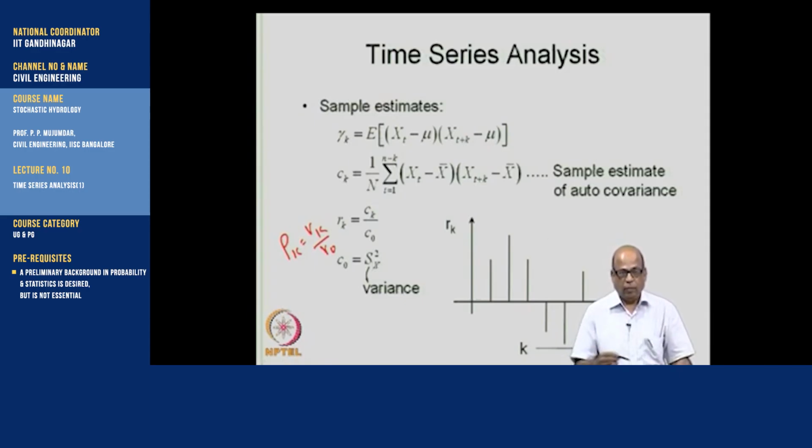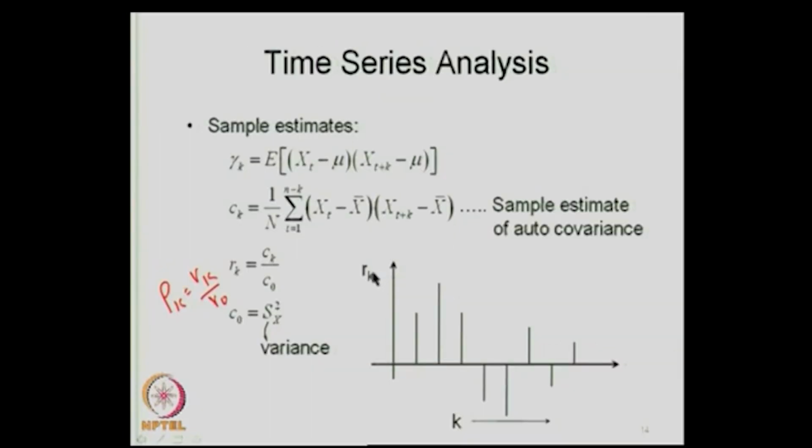So, when you have sample estimates and you take discrete values of k, for example k equal to 1, k equal to 2, and so on, and plot the sample estimates R k versus k, which is the autocorrelogram or the correlogram, you get spikes like this.